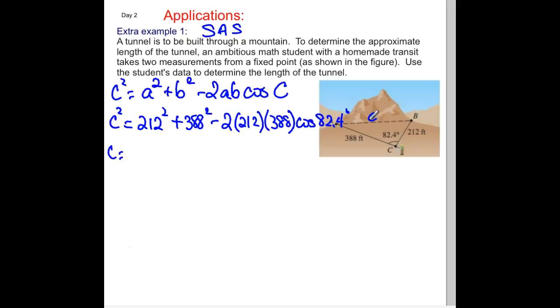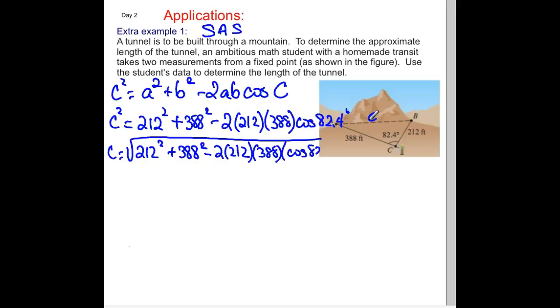So go ahead and use your calculators, type that whole thing into your calculator. We should end up with C being 416.81 feet.